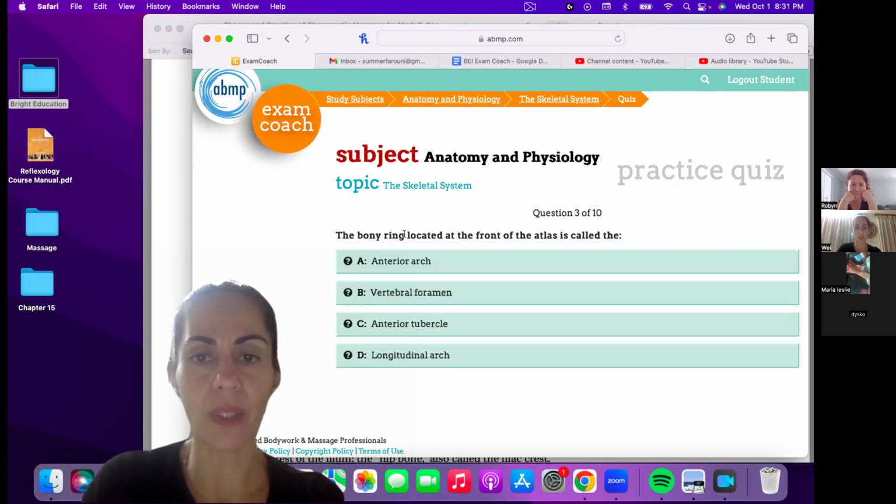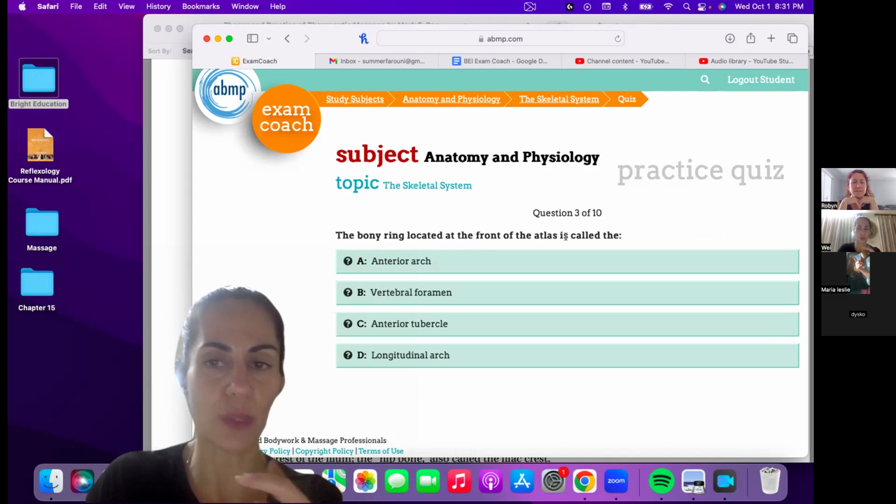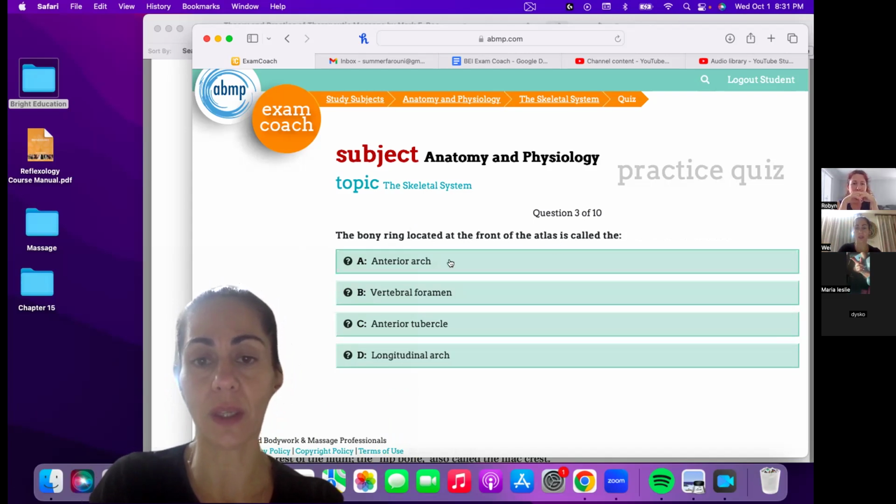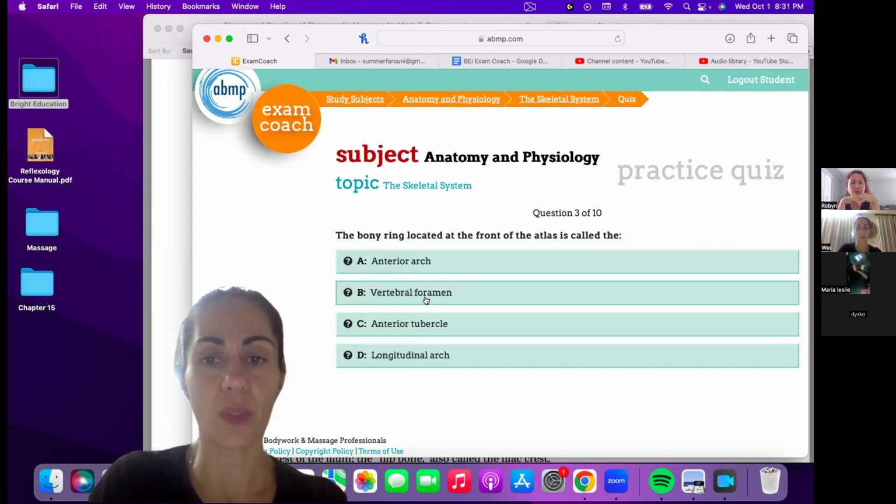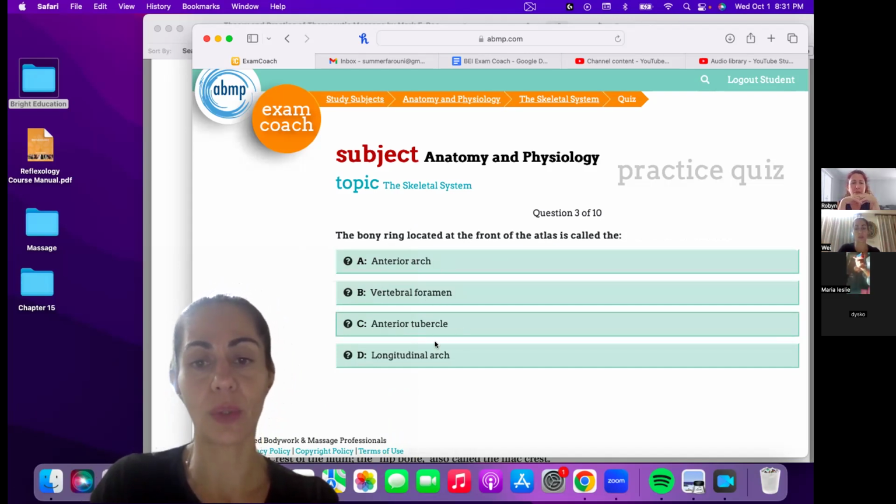Okay, cool. The bony ring located at the front of the talus. Again, this is all anatomy of the spine, of the vertebrae themselves. The bony ring located at the front of the talus is called anterior arc, and you can also open your AMTA app if you want to figure that out. The vertebral foramen, anterior tubercle, or longitudinal arc.